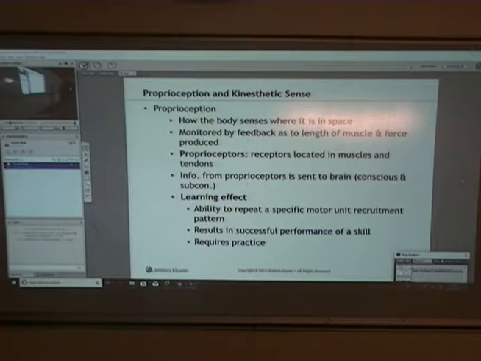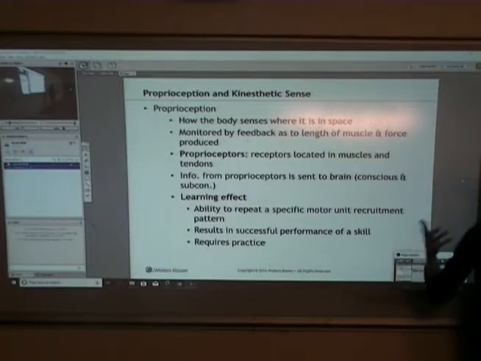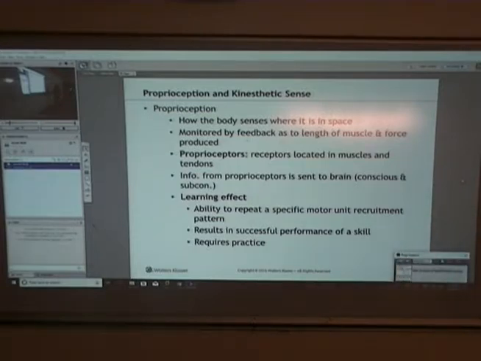So sometimes that information becomes conscious and we're aware of what we're being told, and a lot of it stays at the subconscious level. But there is a learning effect that involves these proprioceptors, right?